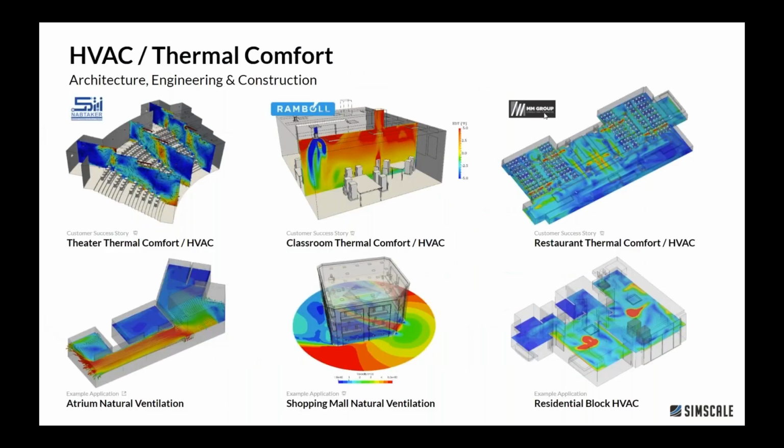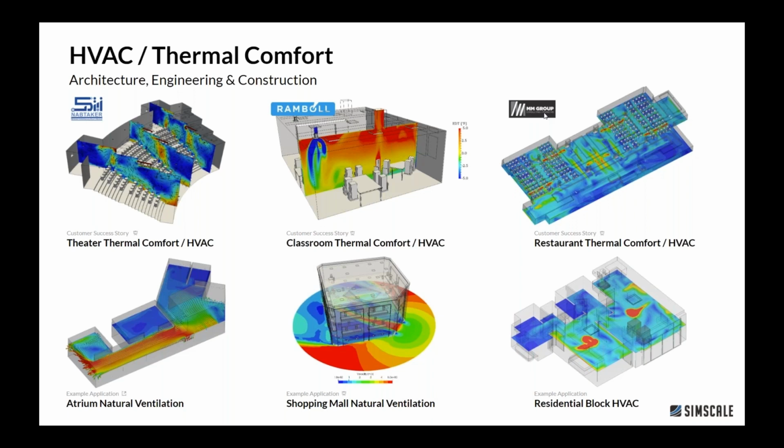Now let's have a look at the different applications that we can actually do here. First of all, regarding the indoor environment, we see here a couple of examples that you could use Simscale for. On the top left, we see a movie theater ventilation and thermal comfort assessment using Simscale.